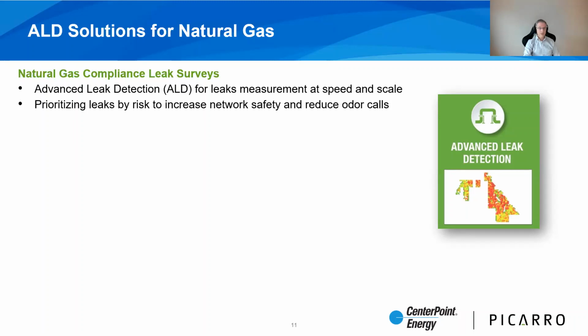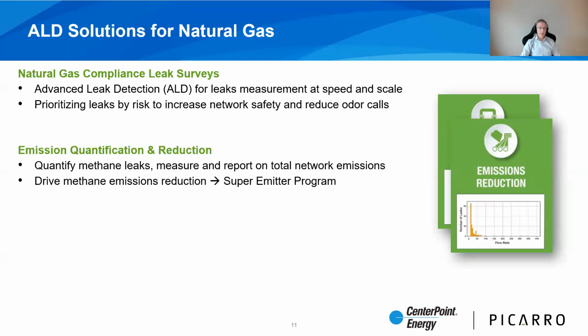Over the past few years, we have really done a lot of work on two areas. The first one is emissions quantification and reduction. So Picarro has developed a comprehensive framework to cover an entire distribution network, quantify every single potential emission source coming from the network, and produce a way to report on the total network emissions.